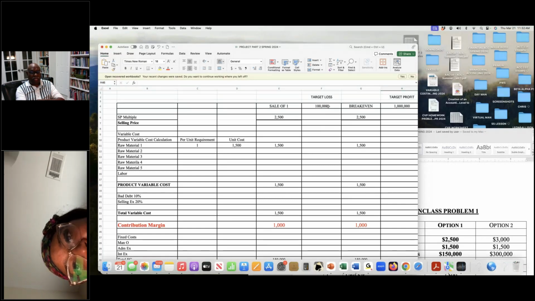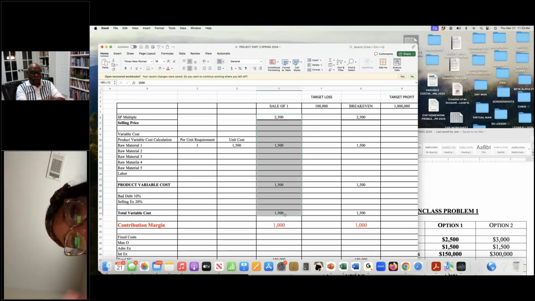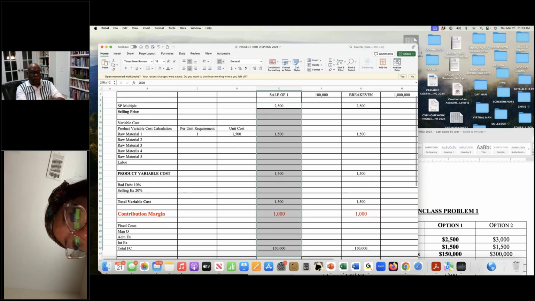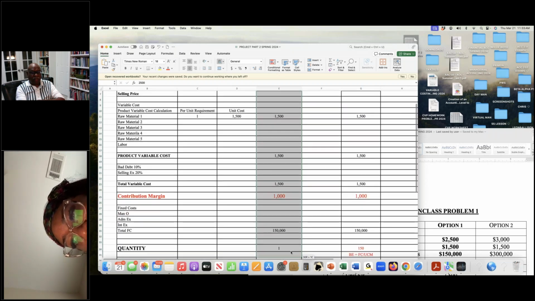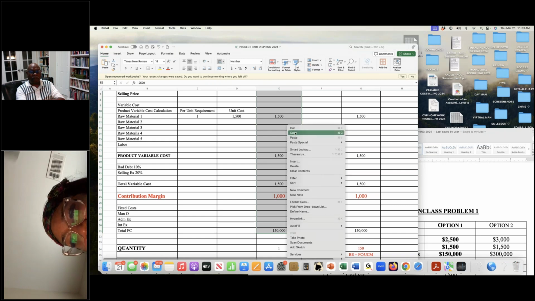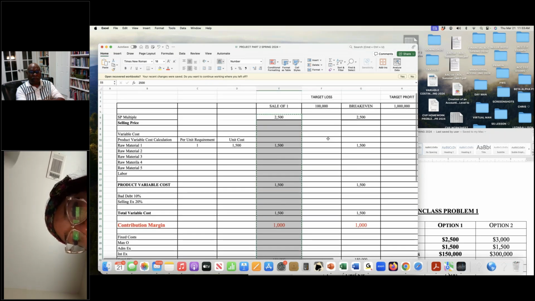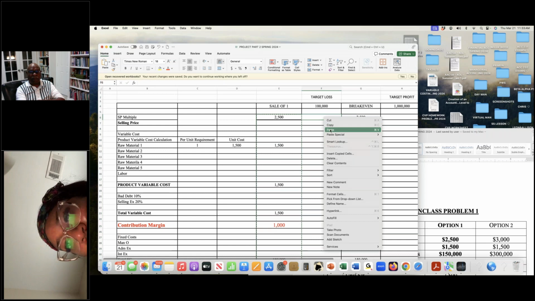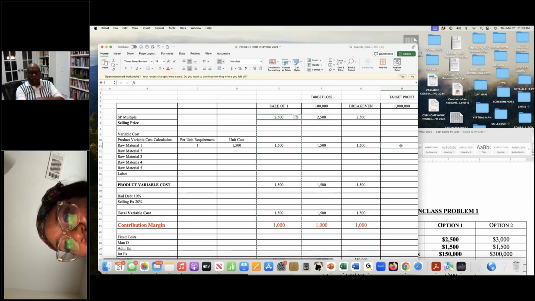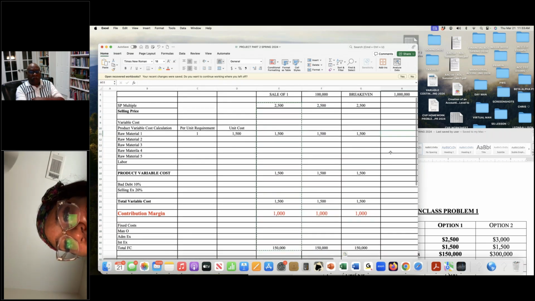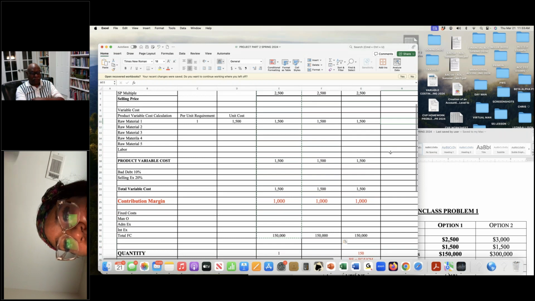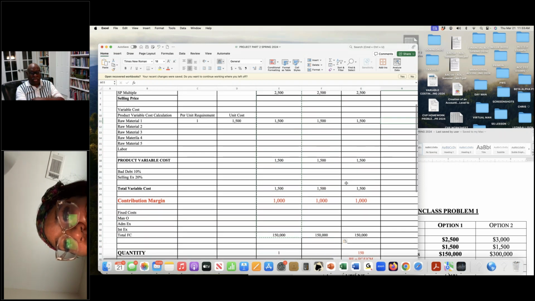Now, this information is all going to be the same. Okay, so all of that's the same. Fixed cost is the same.